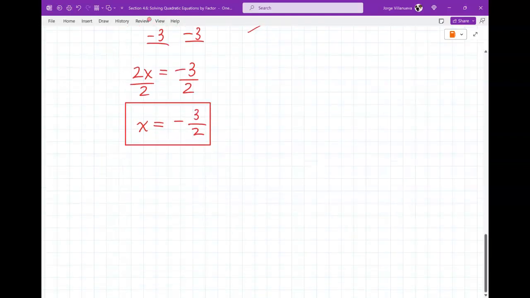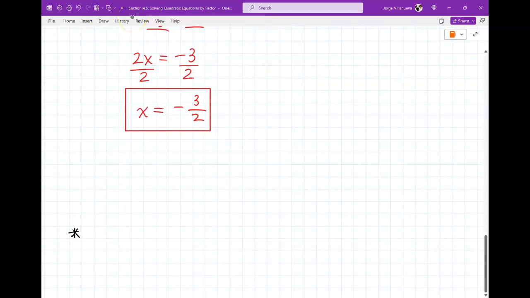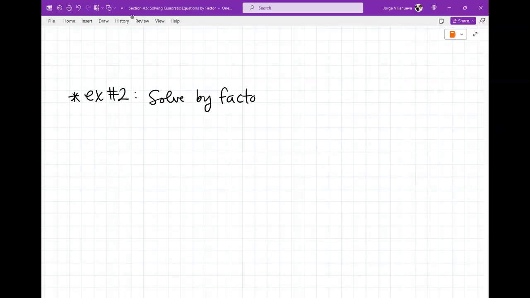Okay, so this is going to be example number 2. Solve by factoring. Okay, so we're going to solve by factoring.